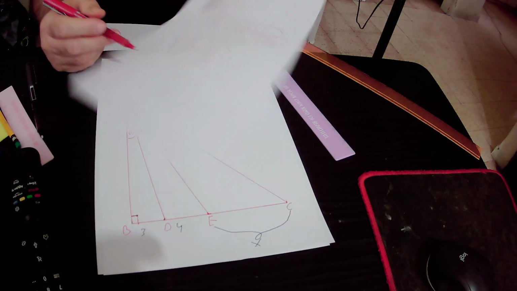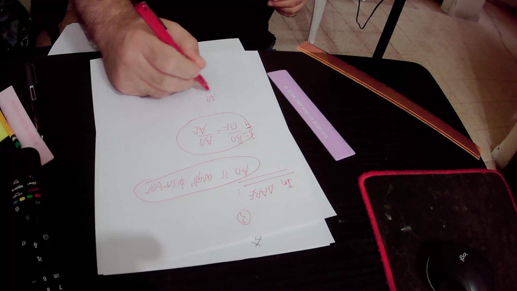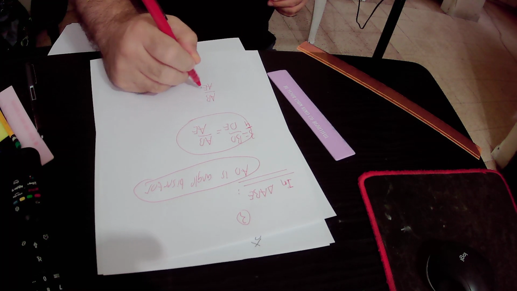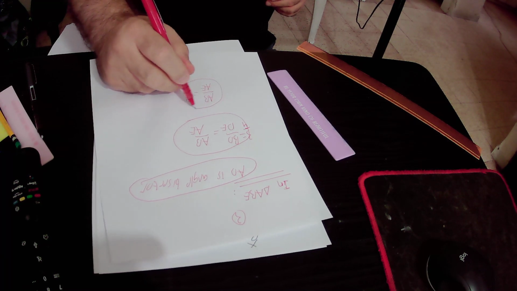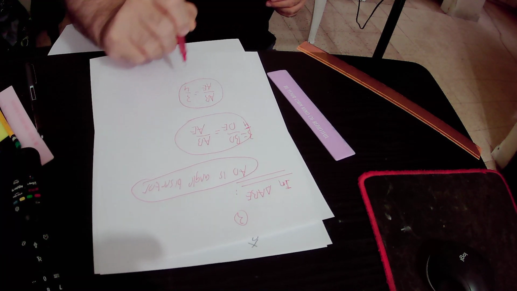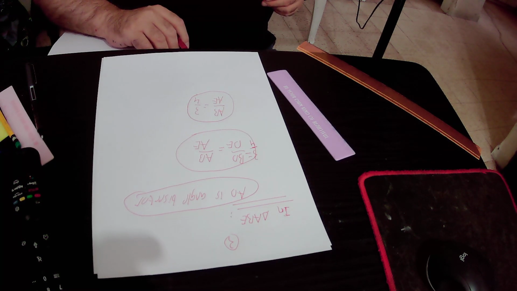So actually AB over AE equals 3 over 4. AB over AE equals 3 over 4.